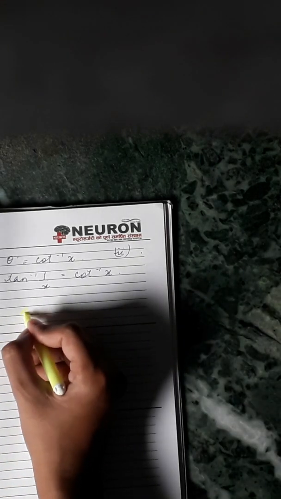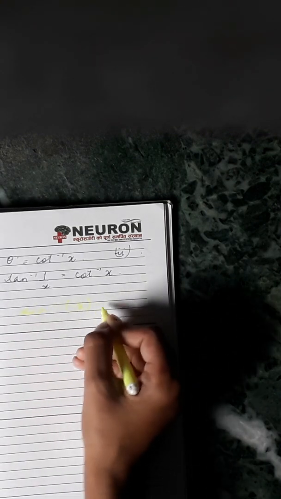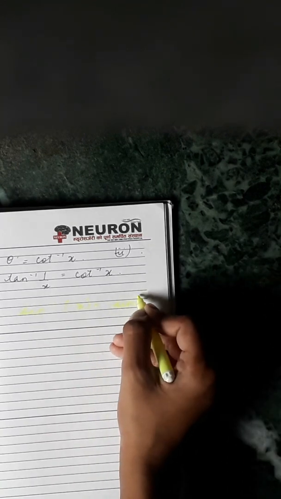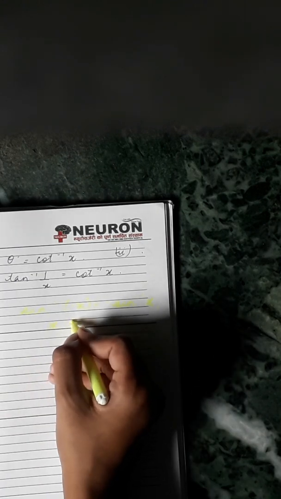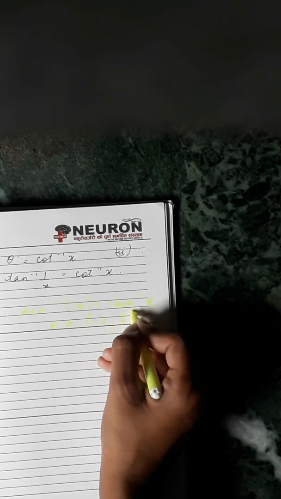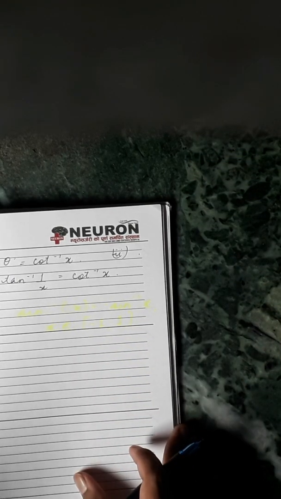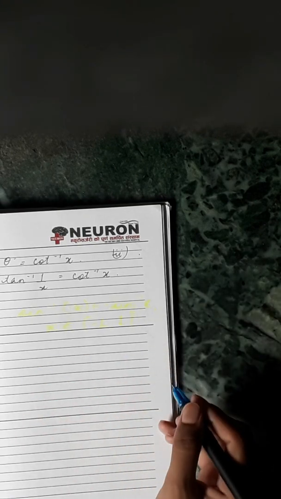This is sine inverse minus x is equal to minus sine inverse x, and the range of values for x is x belongs to minus 1 to plus 1. Now, how will you prove this?